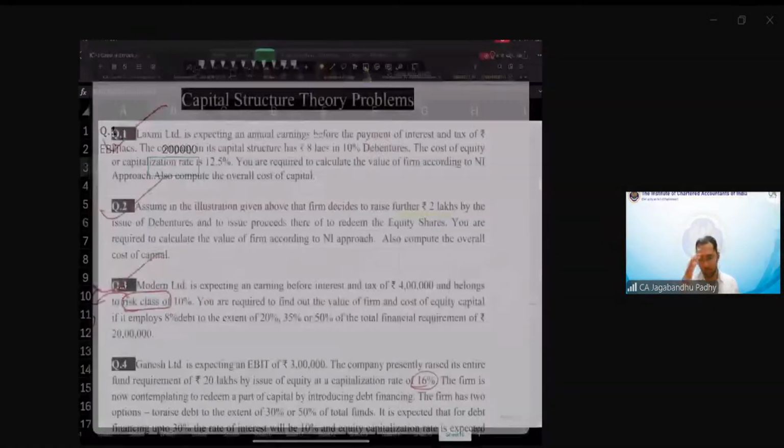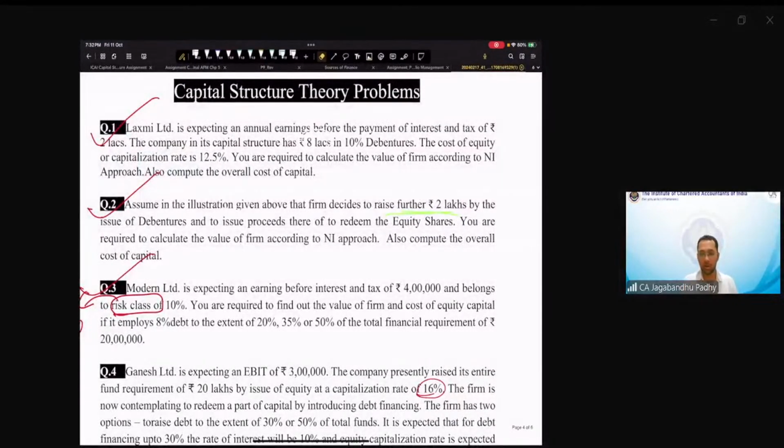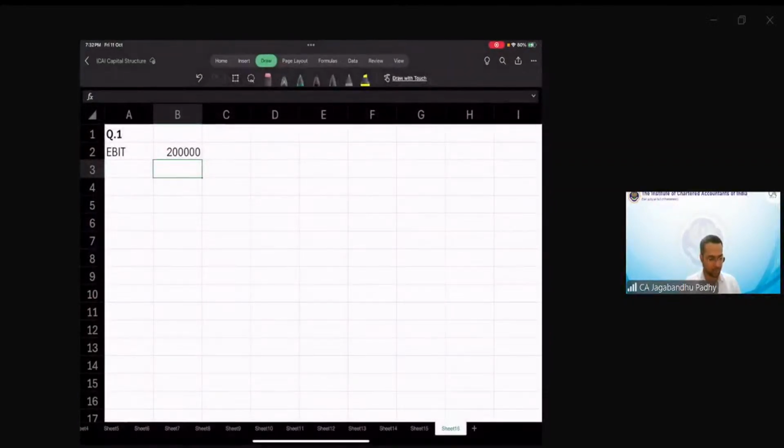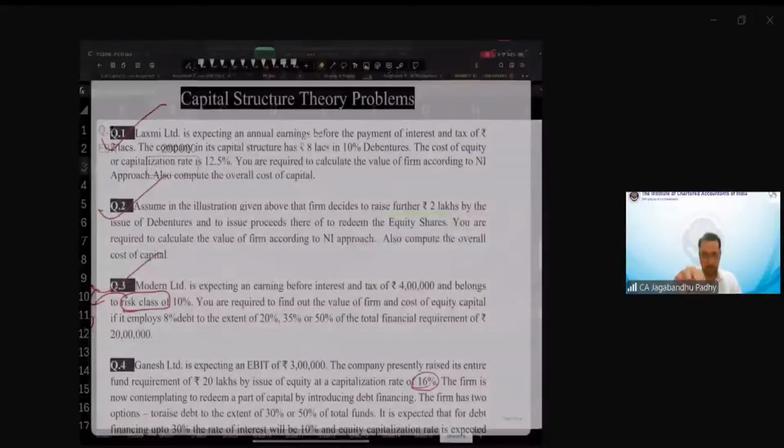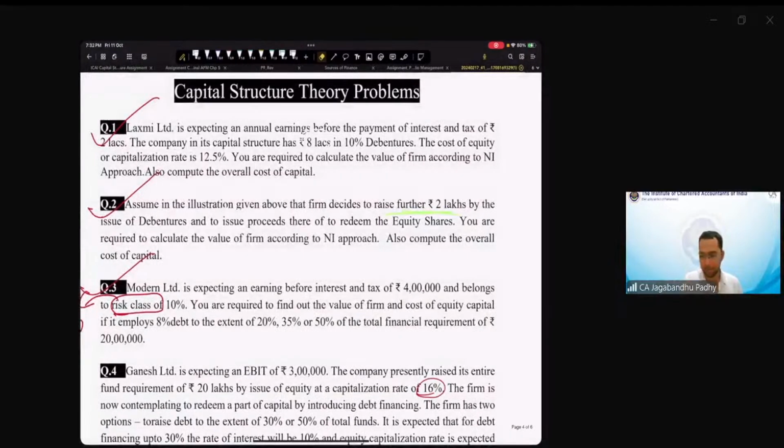From that, we are going to reduce the interest. These questions are already uploaded. You can find it in the assignment section. So EBIT is 2 lakh. Amount of interest. Let me just copy this question for the time being.